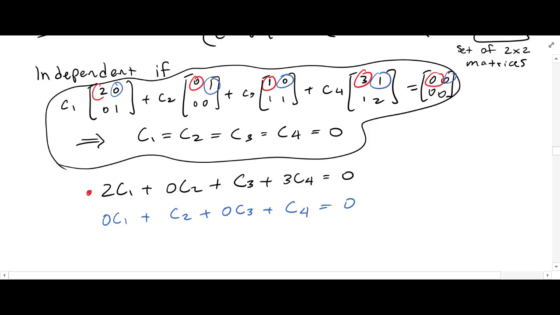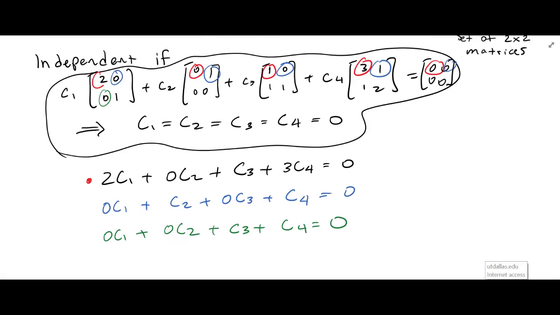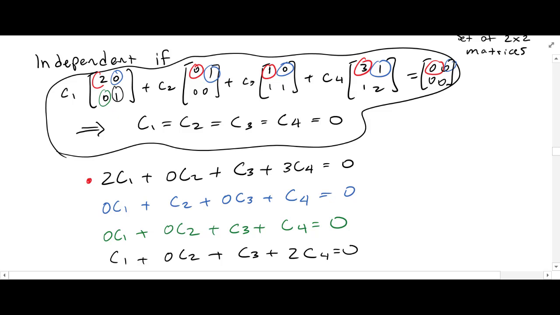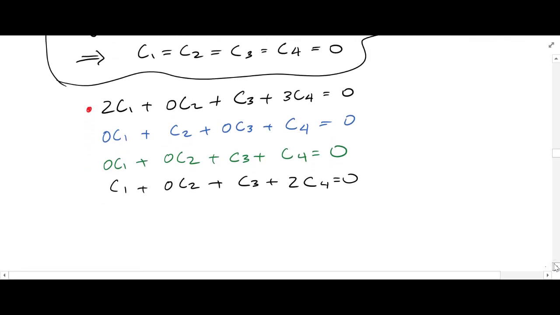For this bottom left entry, you'll get 0c1 plus 0c2 plus c3 plus c4 equals 0. And then you'll get c1 plus 0c2 plus c3 plus 2c4 equals 0. So we could try to solve this for c1, c2, c3, c4. Or you can convert it into a matrix equation and it might look nicer that way.